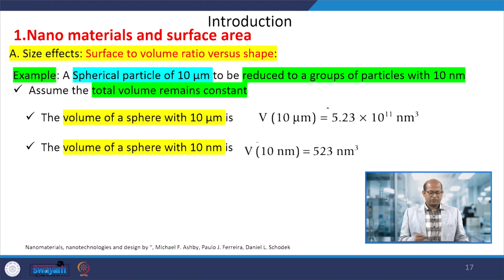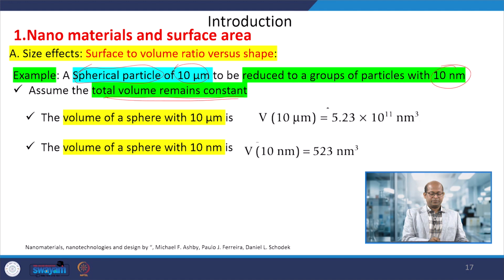Here we are considering a spherical particle with a radius of 10 micrometers. We want to reduce that spherical particle to a radius of 10 nanometers. Assume that the total volume remains the same.